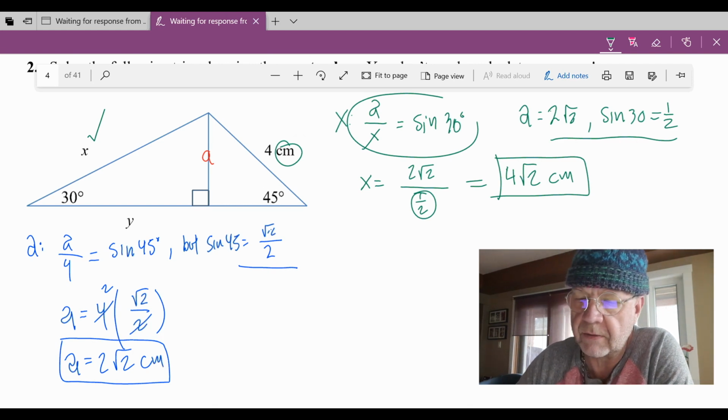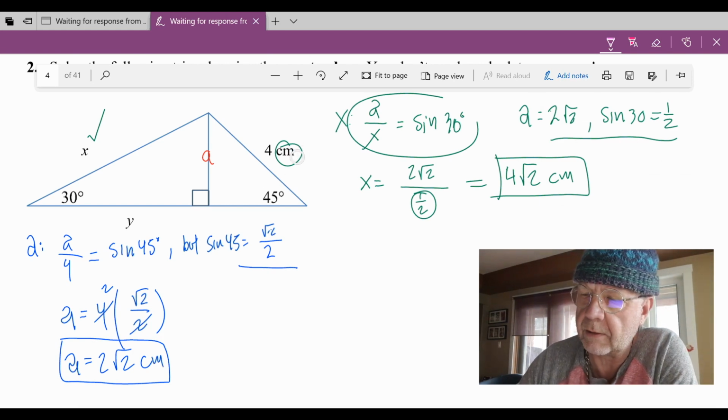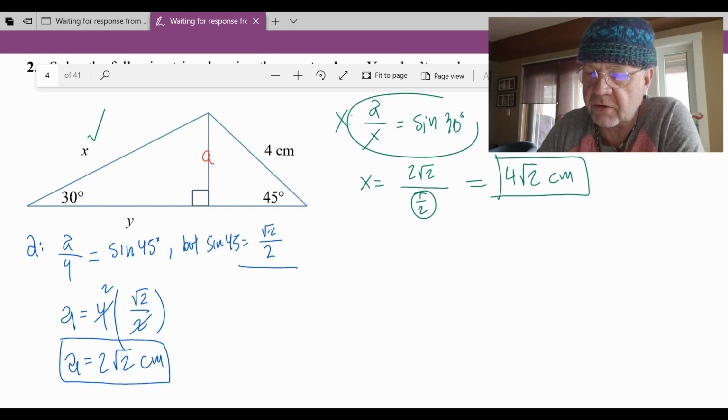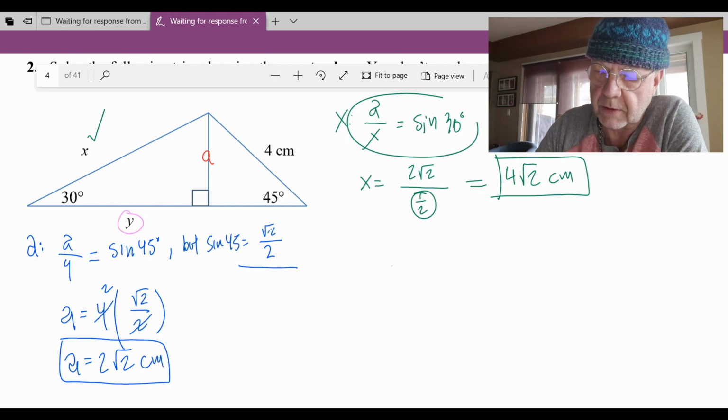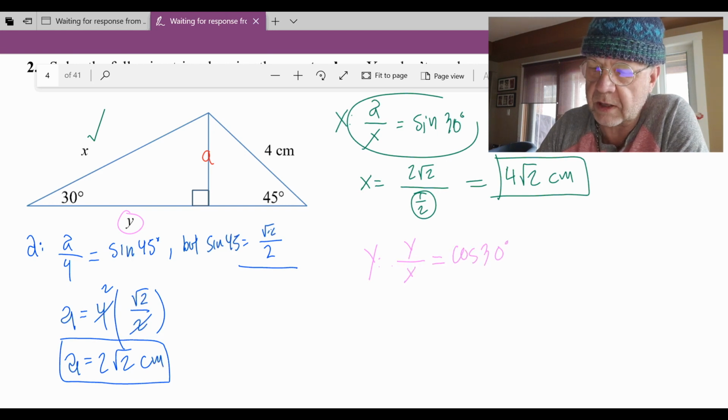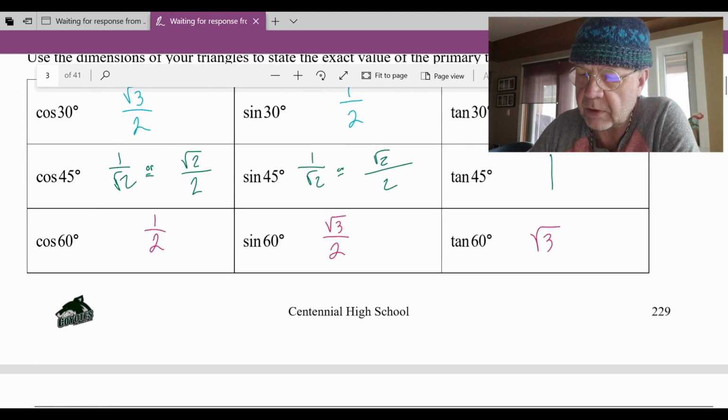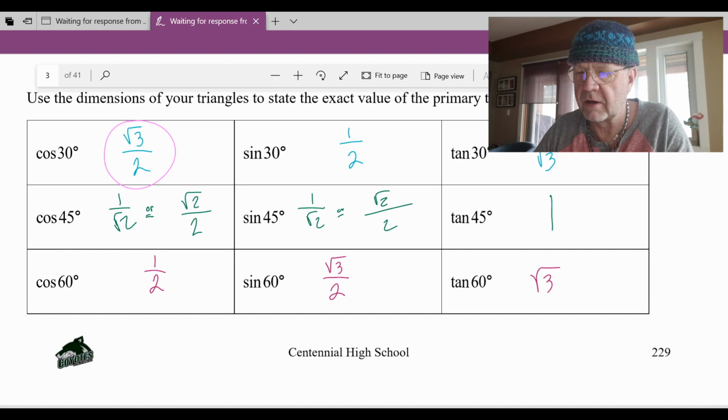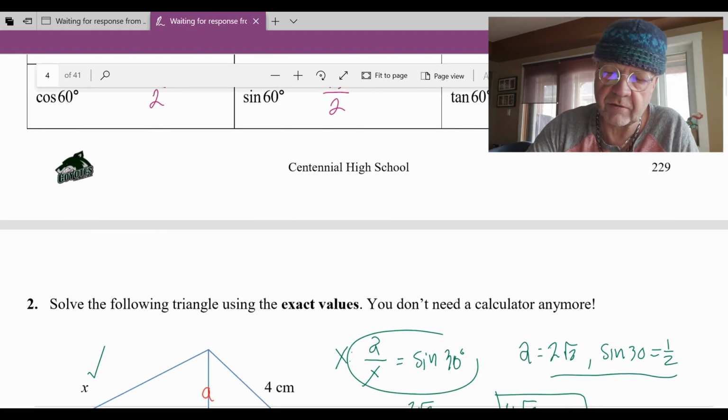Let's now figure out the value for y. And to solve for y, there's two things I could possibly do here. I could choose to go y over x, because y over x would be cosine of 30 degrees. And we know what cos of 30 degrees is. Cosine 30 degrees is root 3 over 2.